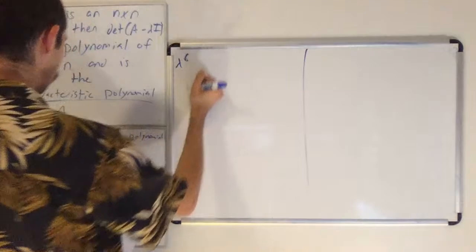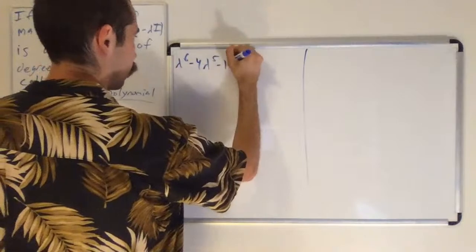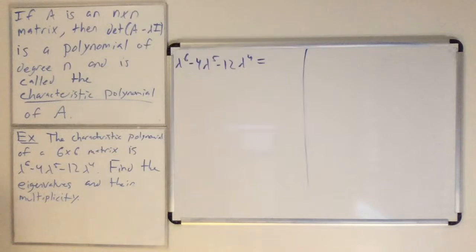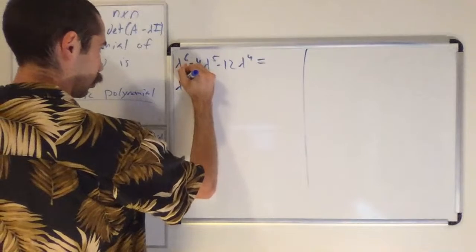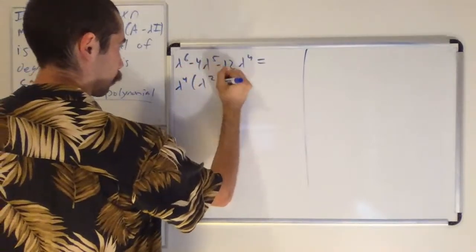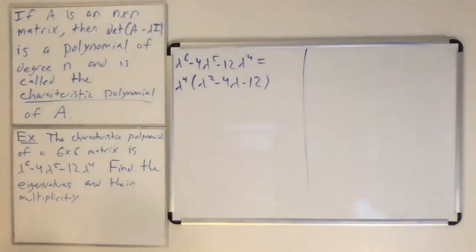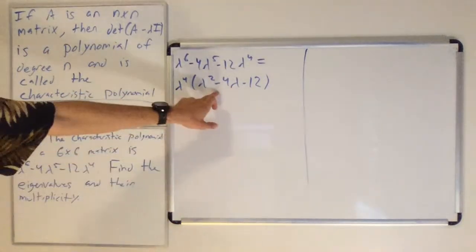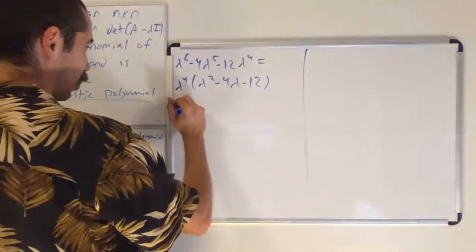So lambda to the 6th minus 4 lambda to the 5th minus 12 lambda to the 4th is equal to, well, we could factor out a lambda to the 4th. And we get a quadratic. So lambda to the 4th times some quadratic, and we can factor this just by factoring or completing the square, whatever your favorite technique is. Quadratic formula.